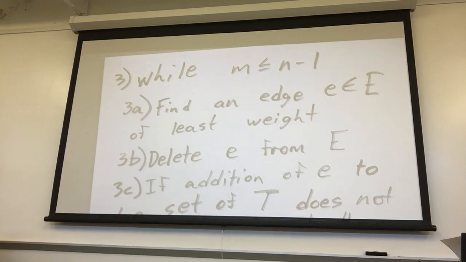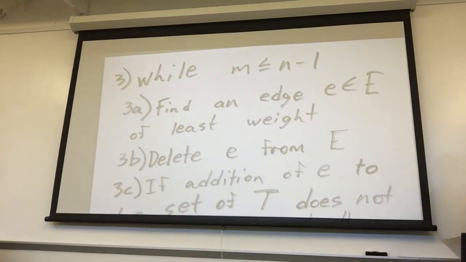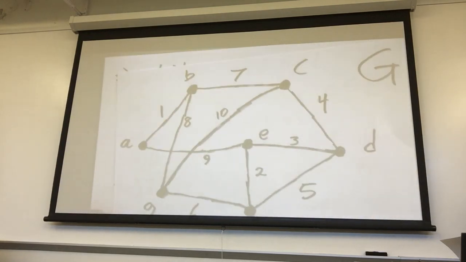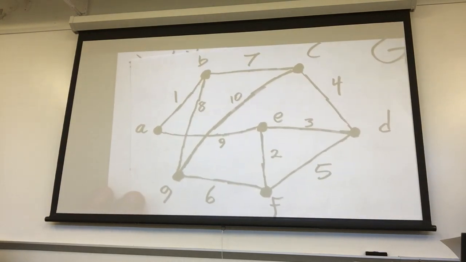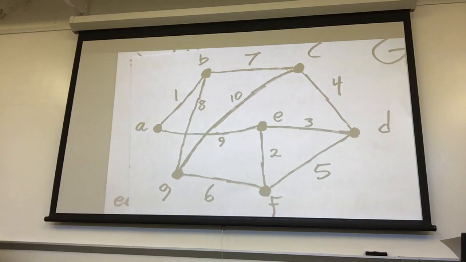And so the first connection that we're going to ask is find an edge e of E out of that set of least weight. So what is this? The edge of least weight? That would be 1, right there. Okay.